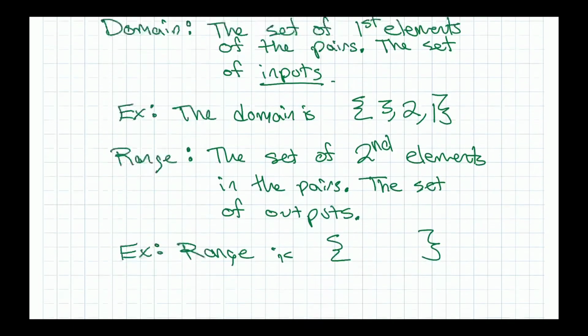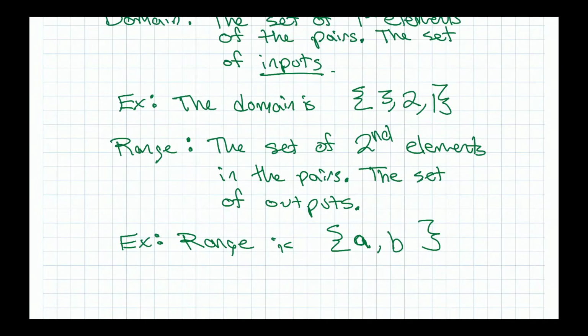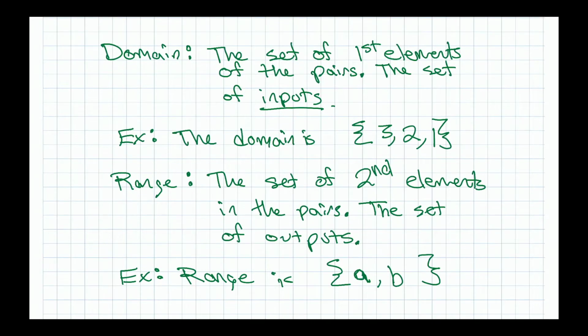If we say it once, that's enough. So the second elements are A and B. What happened to my A? The pen went weird. All right, so that's the range. It's that easy. The domain is the first elements and the range is the second elements, and you don't have to list things twice.